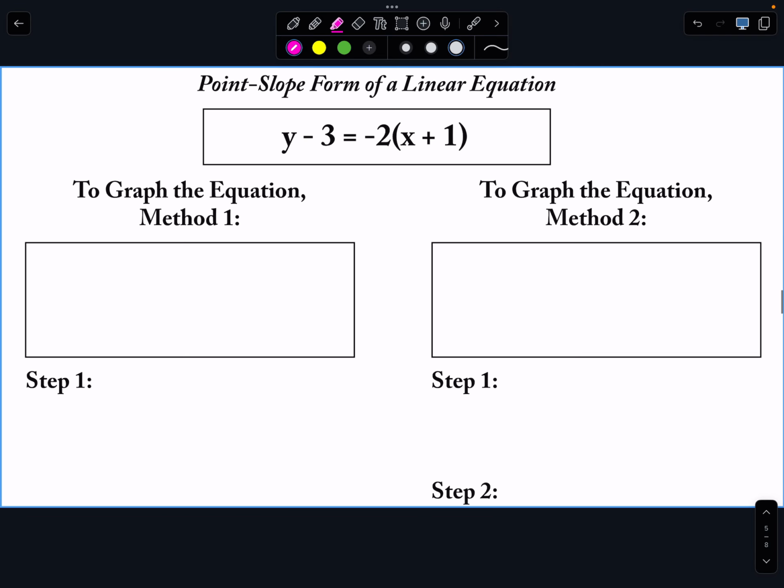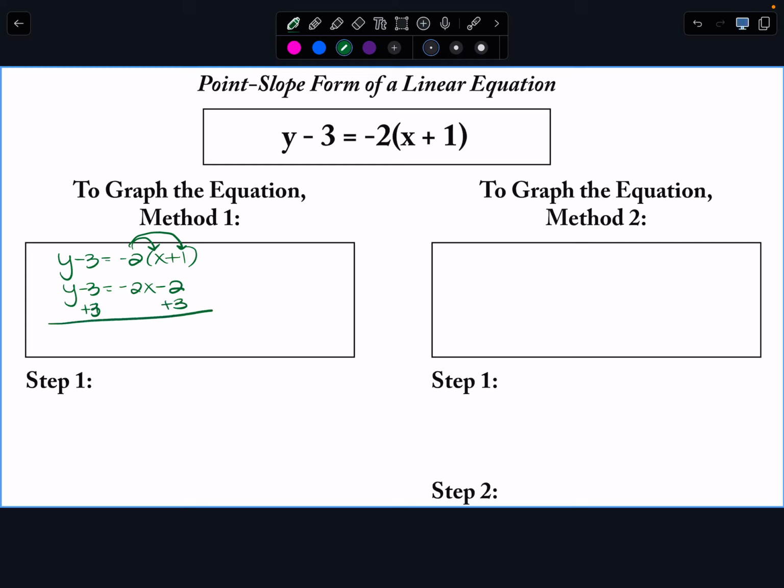Okay, so if I were to do it method 1, I distribute my -2, so I get -2x minus 2. I have to put y by itself, so I have to add 3 to both sides. So y is -2x plus 1.